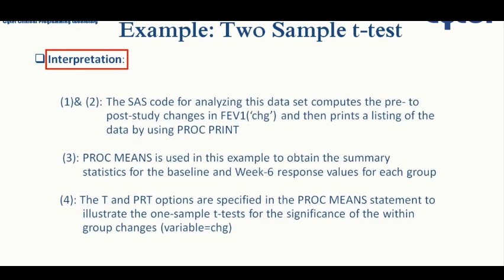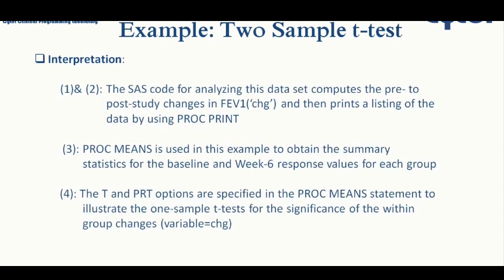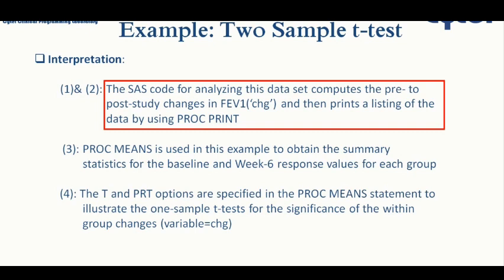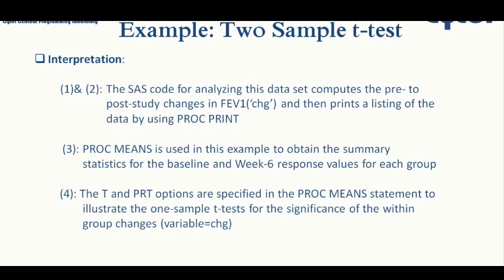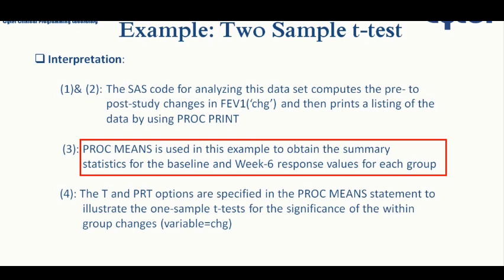And let us see the interpretation. The SAS code for analyzing this data set computes the pre to post study changes in FEV1 and then prints a listing of data by using proc print. Proc means is used in this example to obtain the summary statistics for the baseline and week 6 response values for each group.